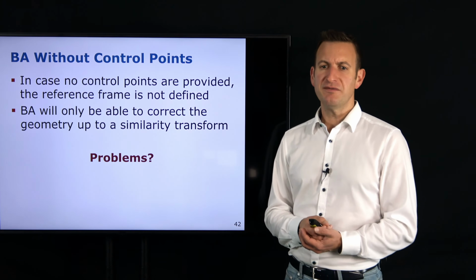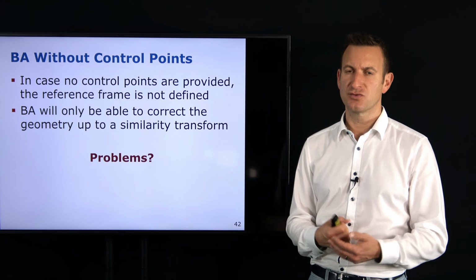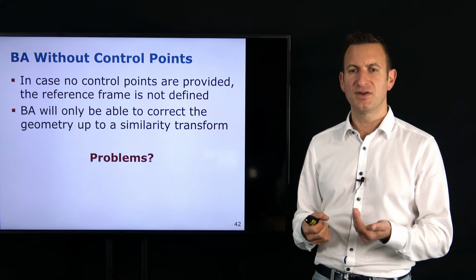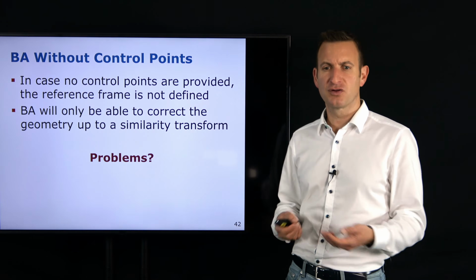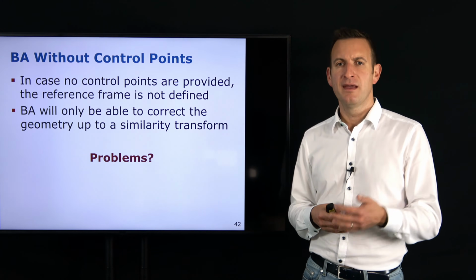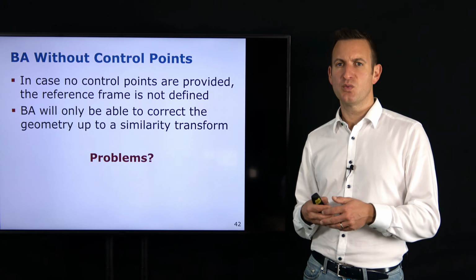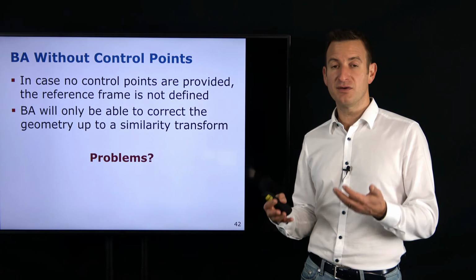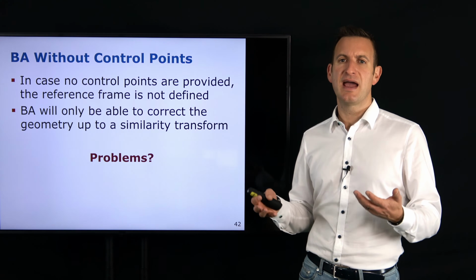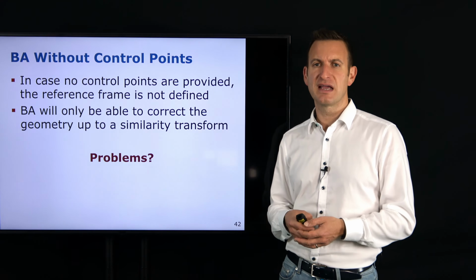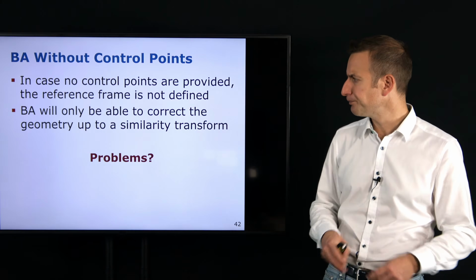So the second thing I want to briefly look into is what happens if we actually apply the bundle adjustment problem without control points, because that's also something which we need to take into account, or which can happen if we don't have fixed control points and we need to compute our bundle adjustment problem. But note that in this case, the bundle adjustment problem will only give you a photogrammetric model, and not a model where the scale information is available, so everything is defined only up to a similarity transform, so a rigid body transform and a scale parameter.